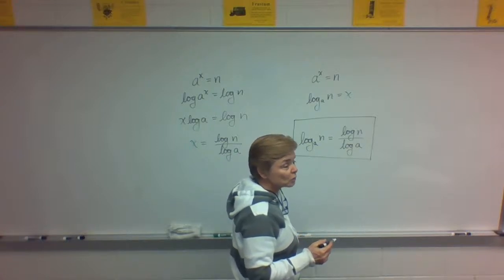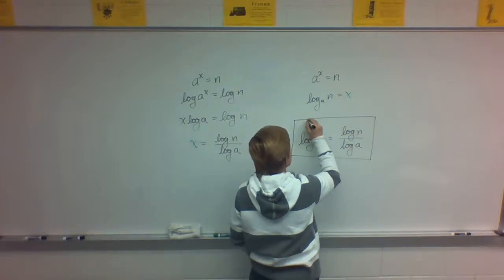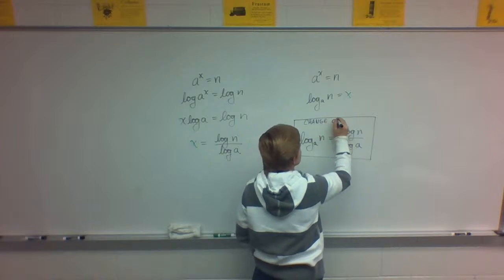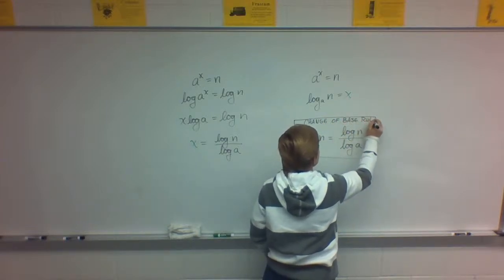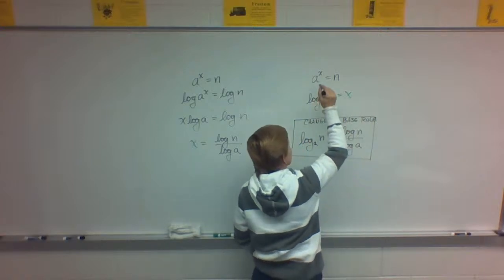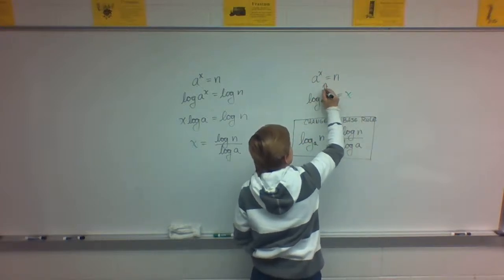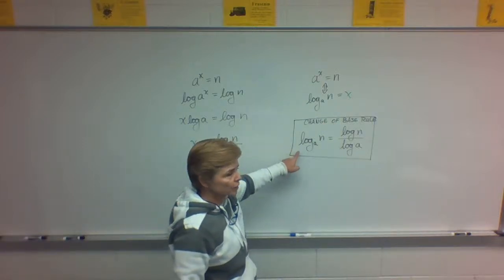It's the coolest thing in the world is what it is. This is called the change of base rule. And it is nearly as important to memorize as these two being equivalent. I would say it's right on maybe the same level with it. You need to know this.